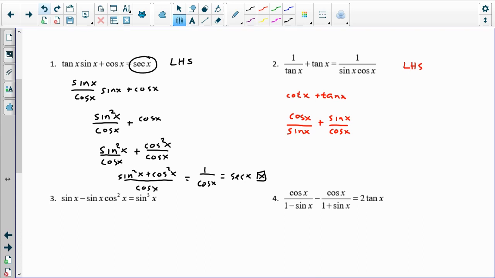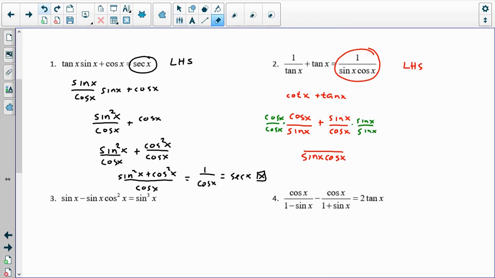And now, remember, the goal is to get it to look like this. So I need a common denominator. And luckily, the common denominator will end up being sine cosine. So I multiply the first term by cosine over cosine. And I multiply the second term by sine over sine in order to get my common denominator.